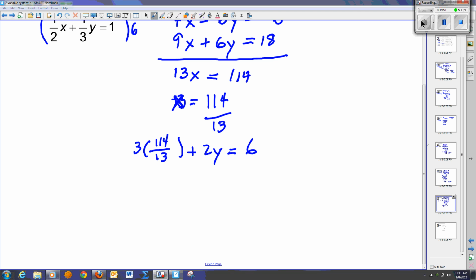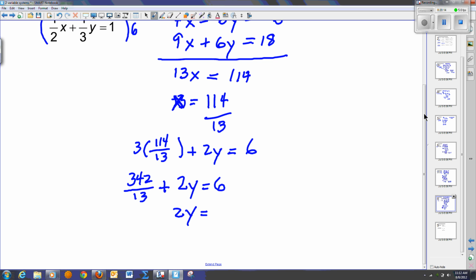So 3 times 114 over 13 is 342 over 13 plus 2y is equal to 6. I subtract 342 over 13 from 6, once again using a calculator.